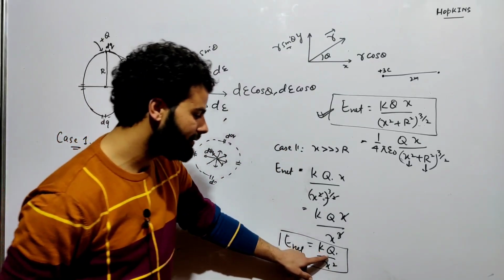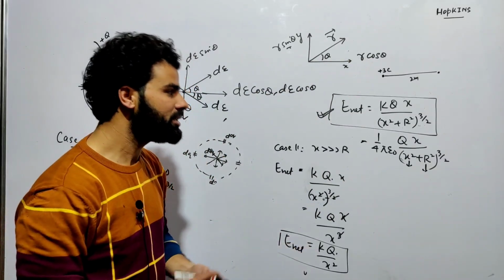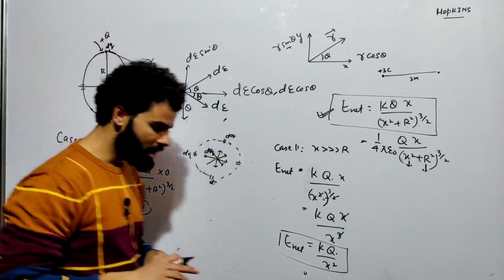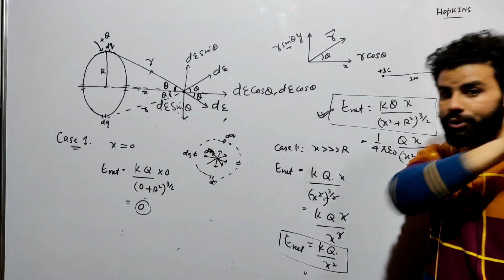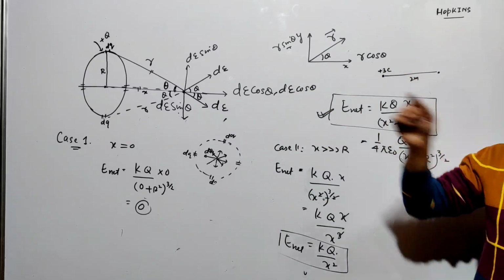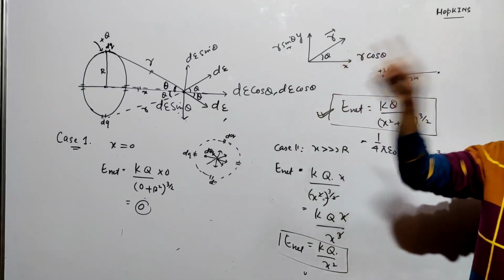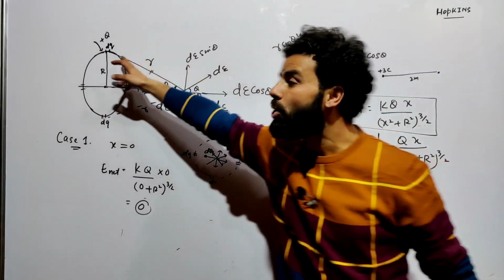So this is the value of the electric field at some point which is very, very far away from this ring. See, if I'm going very far away from the ring, then from that point, I cannot see this ring as a ring. I would see a small charged object having charge q.